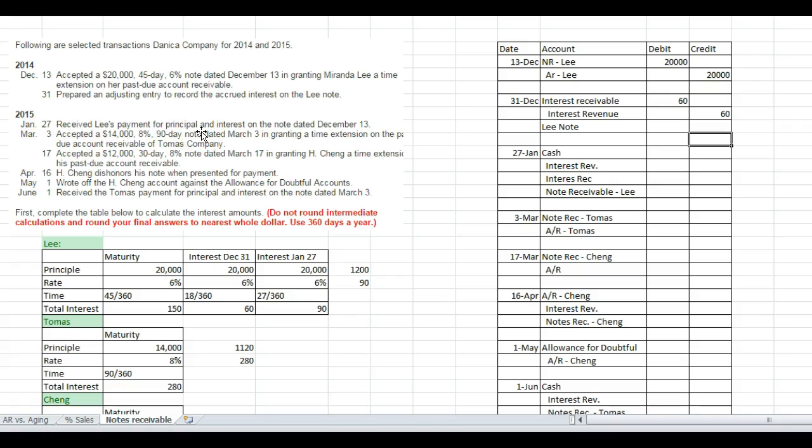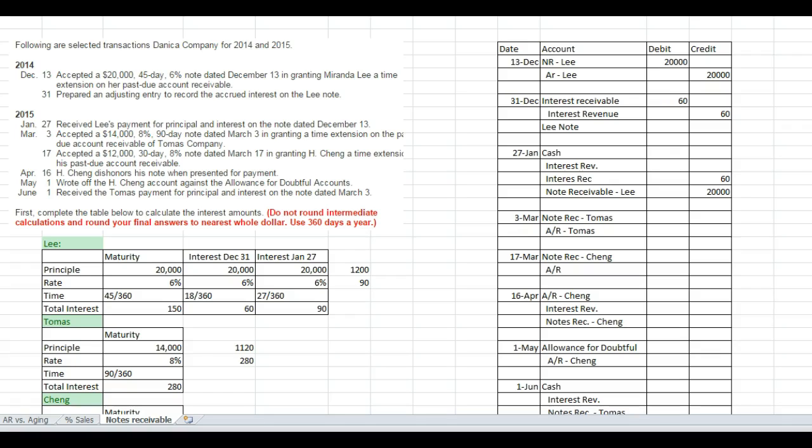She paid it off. So now, how much did she owe us? Well, the receivable was $20,000. We have already accepted that $60, so she's going to pay that, right? And on the 27th, she owed $90. Now, what do we have to do with that? Do we have to adjust that?